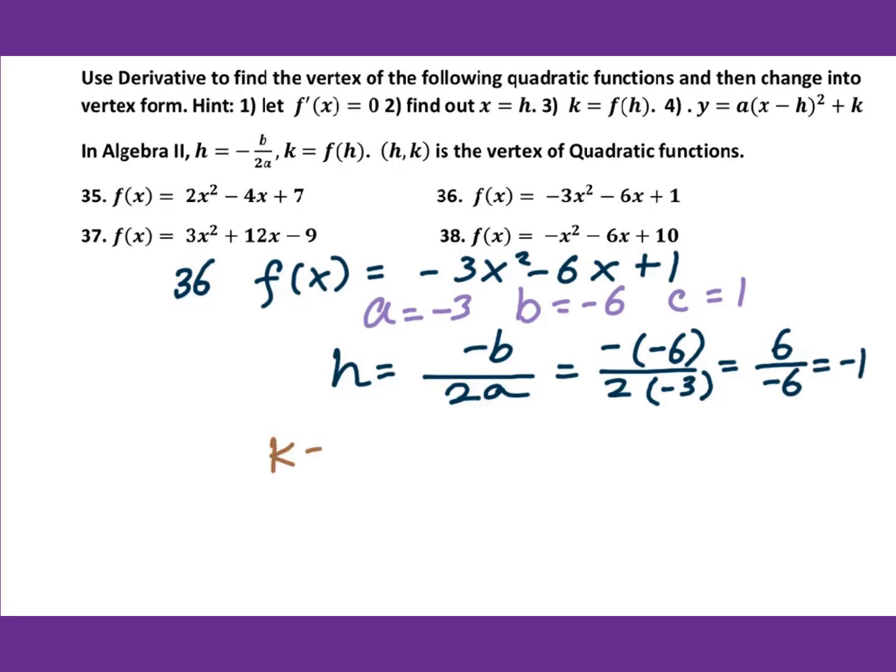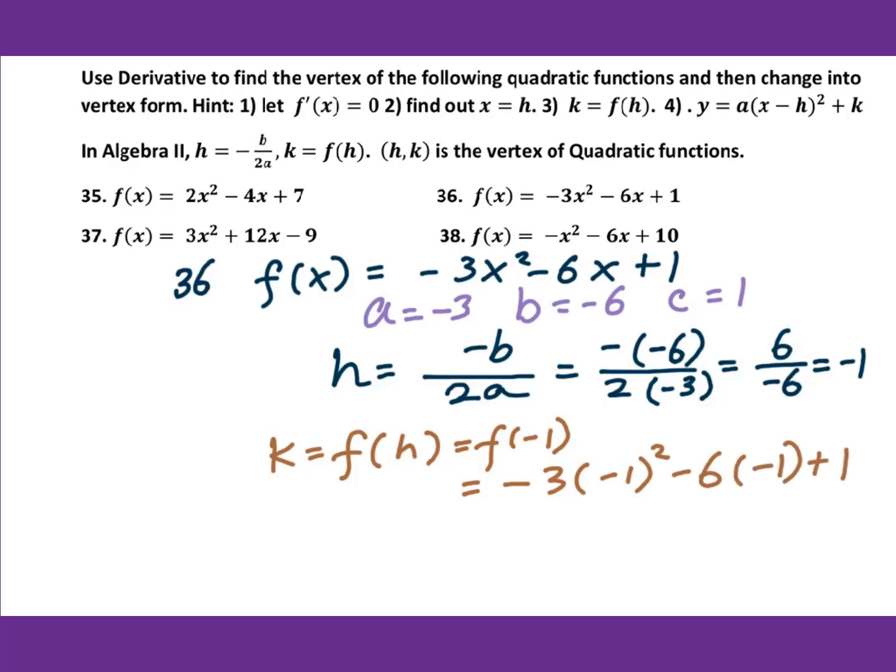Therefore, k equals f of h, that is f of negative 1. So we plug negative 1 into the function to figure out k. Then we got negative 3 times negative 1 squared minus 6 times negative 1 plus 1. That is negative 3 plus 6 plus 1, equals 4.